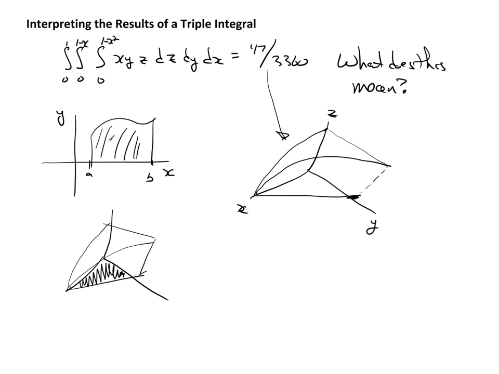So when we went from an interval to cover an area, to an area to cover a solid, the next step up is a solid to be under, so to speak, this surface in hyperspace.